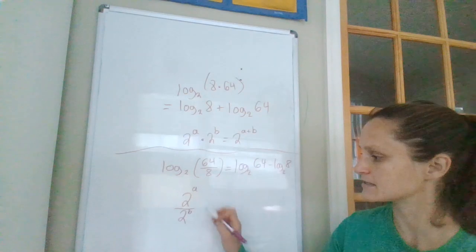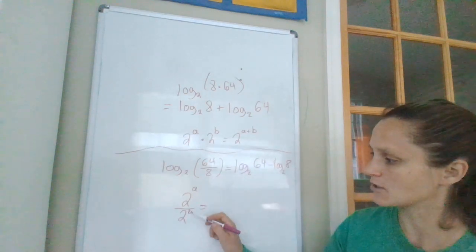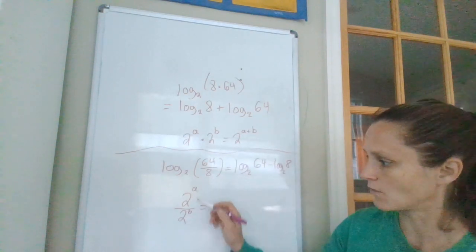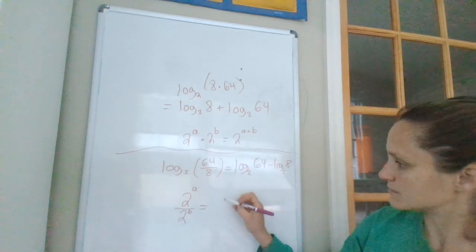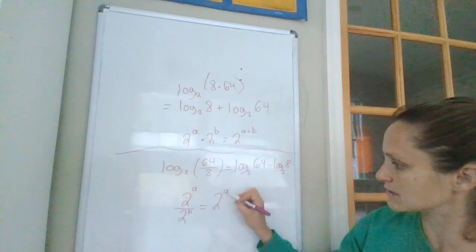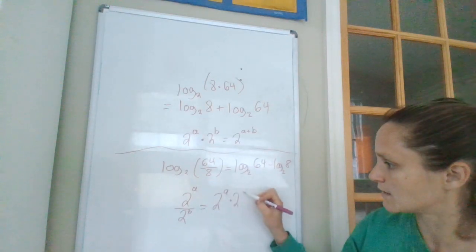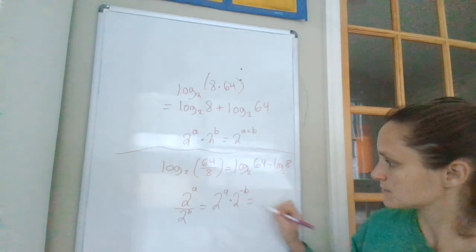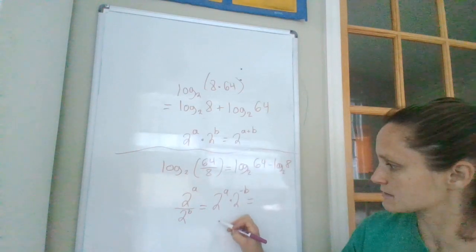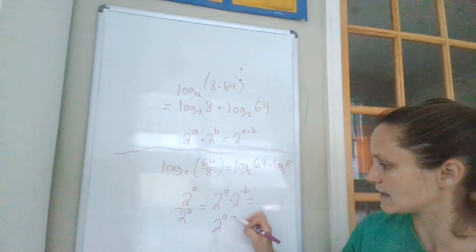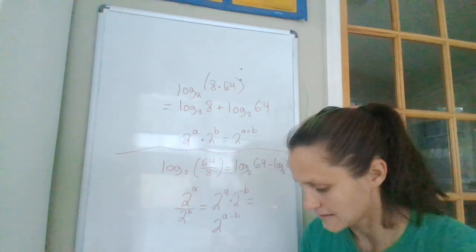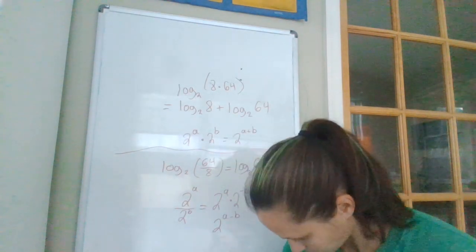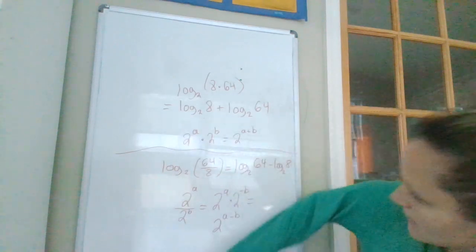Okay, this is the same as, again, we go back to the negative exponent rule. This is truly a negative b if I flip it upward. So this is the same as saying 2 to the a times 2 to the negative b. So what happens? It just subtracts. So this becomes 2 to the a minus b. And that's why that law exists. Then there's one more, and it is the exponent law.